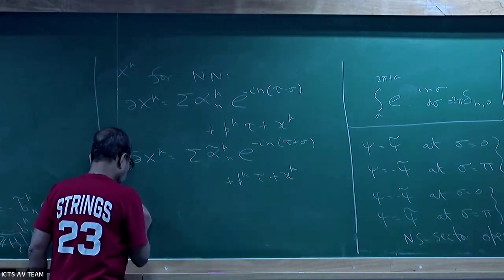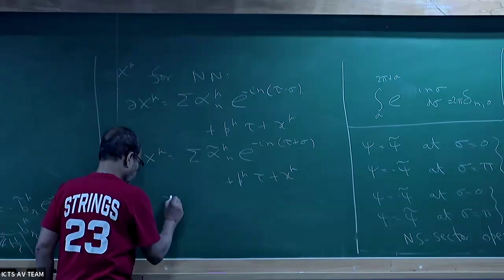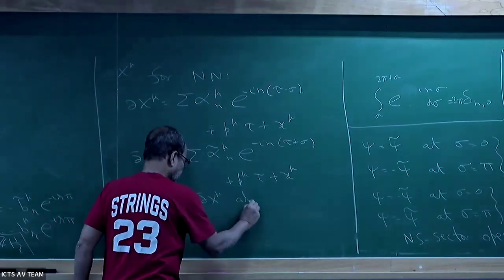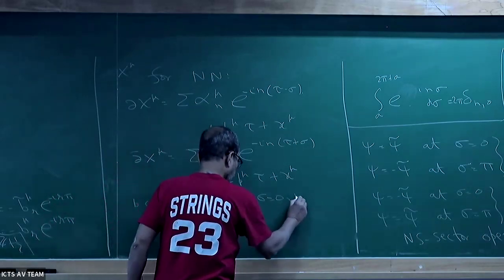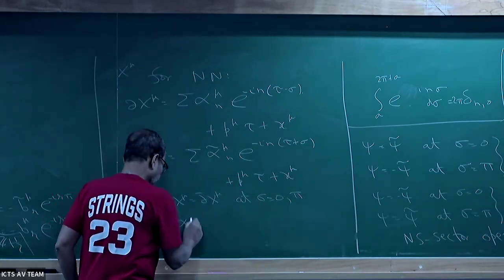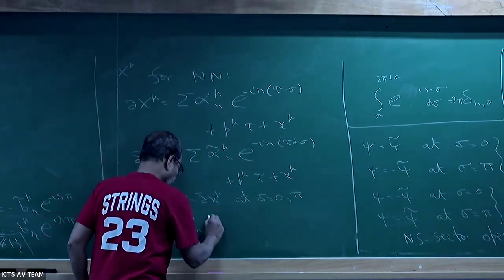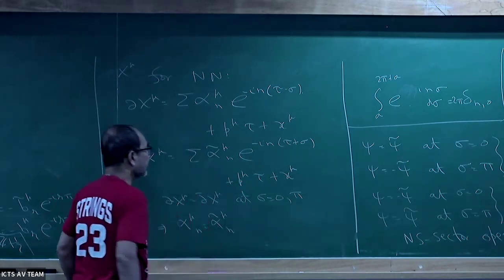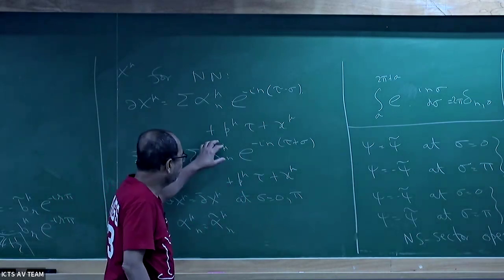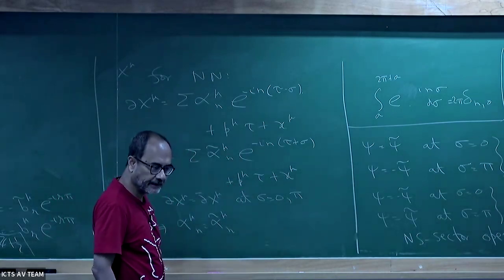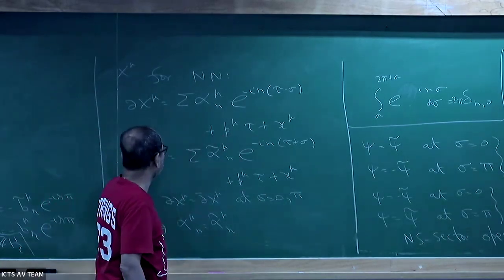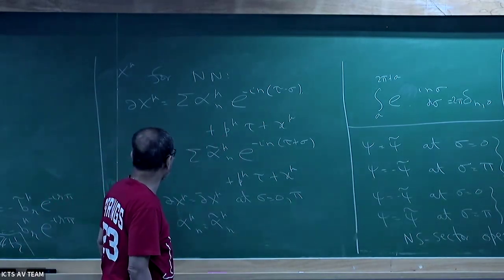In the boundary condition at sigma equal to 0 and pi, this tells us that alpha mu n equal to alpha tilde mu n. This is from sigma equal to 0. P mu and X mu have no condition, because at sigma equal to 0, sorry, del X mu, I think I made a mistake here.